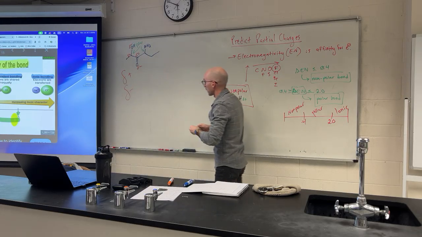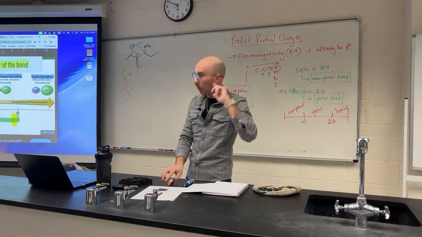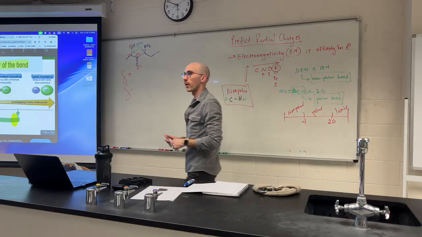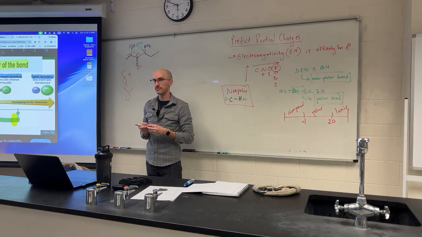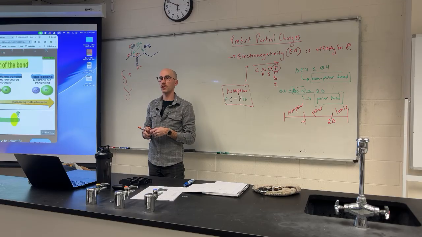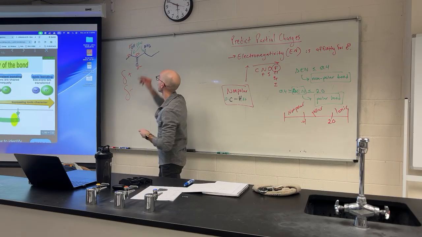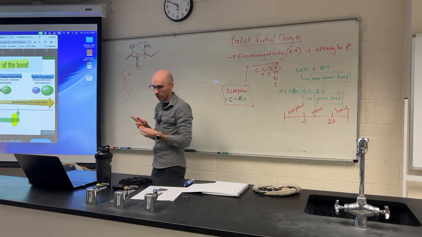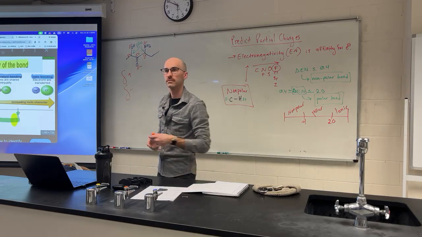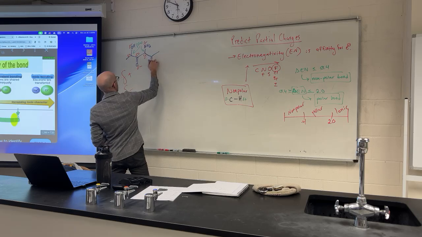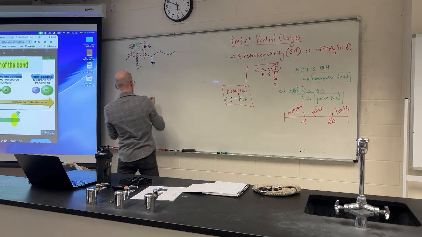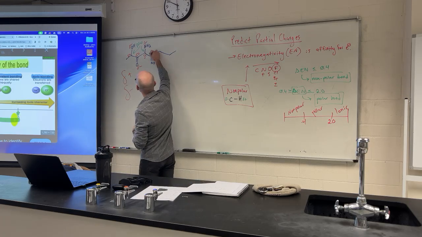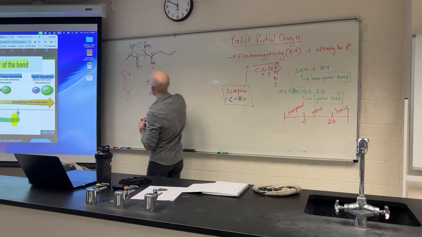This has a difference in electronegativity of about 1. Where am I going to place partial charges? Partial negative goes where? Nitrogen. Partial positive? Carbon. What about a double bond to nitrogen? All the same. Partial positive on carbon, partial negative on nitrogen.